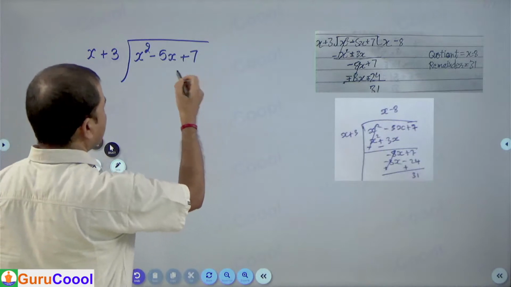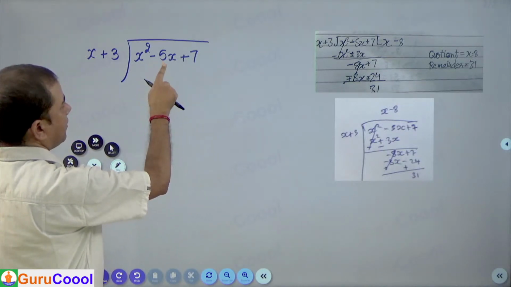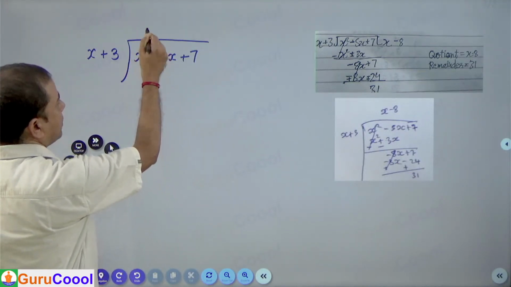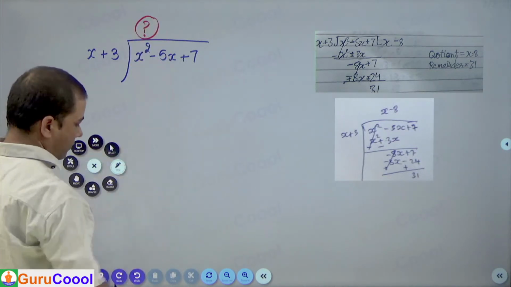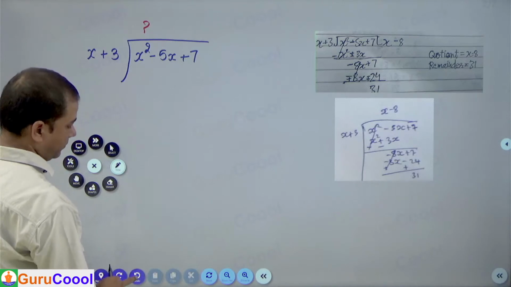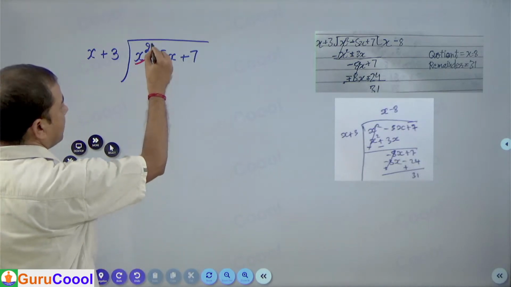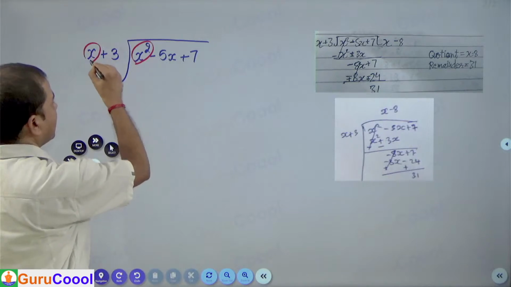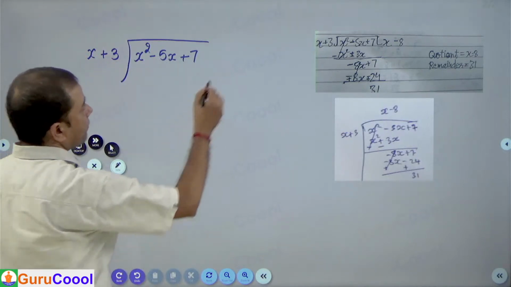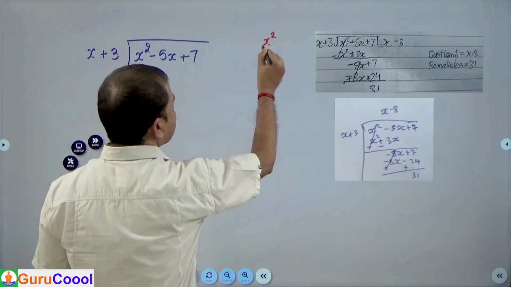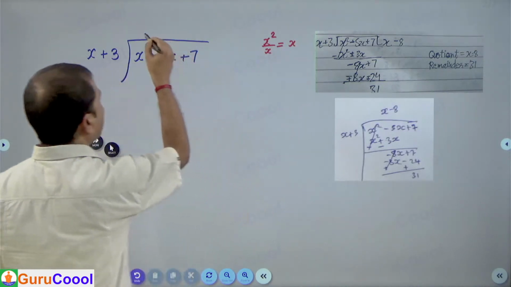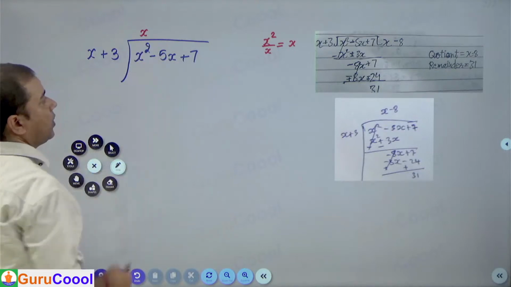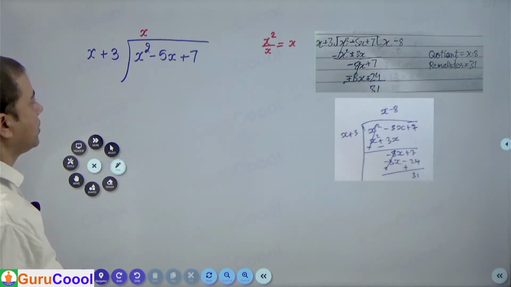Okay, so the first step, this is our dividend. We have to decide what to write in the quotient here. What is that? First term x square divided by first term x. What is this? x. So x comes in the first term of quotient.